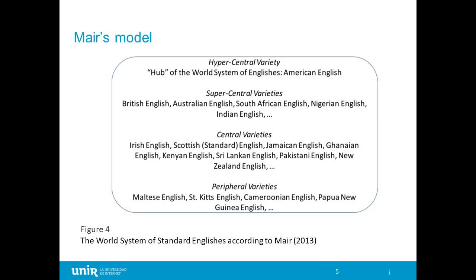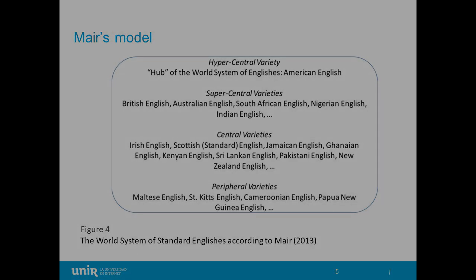But if we go to Meyer's model, in his theory he established hypocentral varieties, supercentral varieties, central varieties, and hypercentral varieties. In Meyer's model, Irish English is considered a central variety, like Scottish, Jamaican, Ghanaian, or Kenyan English.